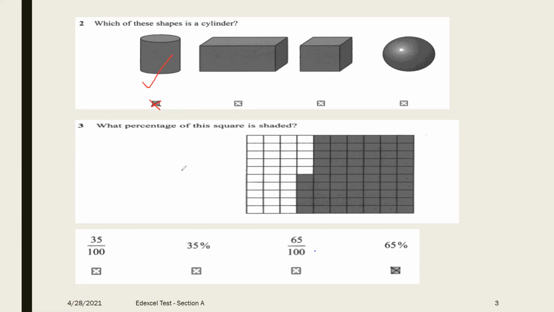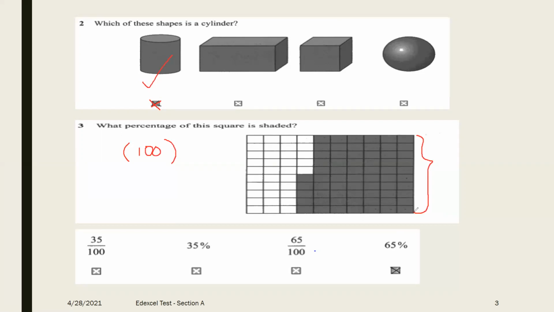The third question, what percentage of this square is shaded? When you're going to find the percentage, we know the percentage is always taken out of 100. So first of all, you have to count and see how many squares are here. I'm going to count the rows and the columns, then it's much easier.